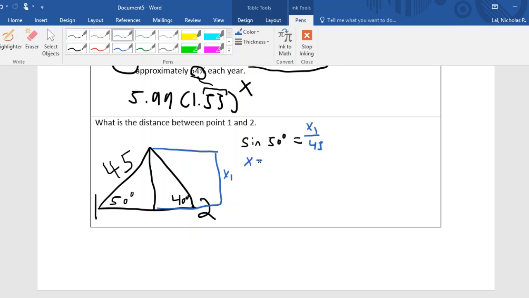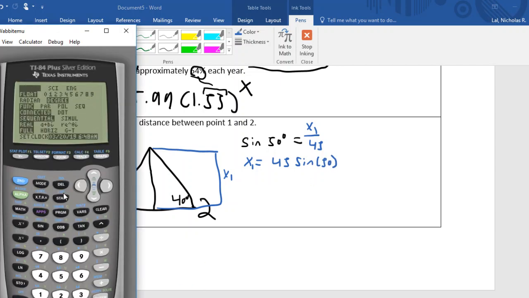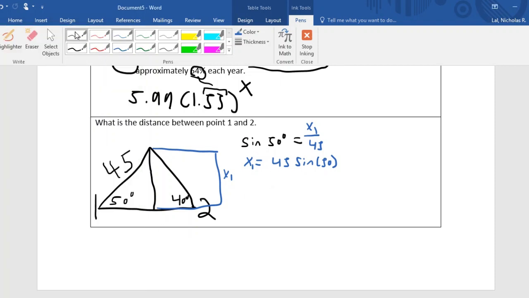So x1 is equal to 45 times the sine of 50. So I can do, in degree mode, 45 times the sine of 50 degrees. So it's equal to 34.47.